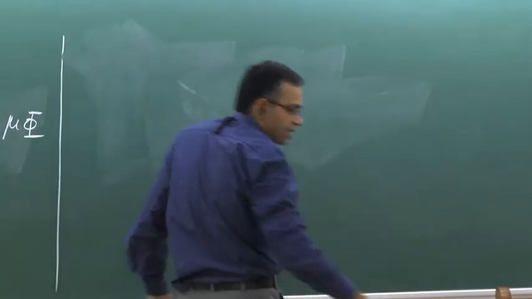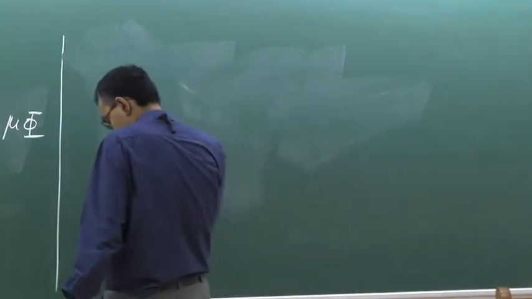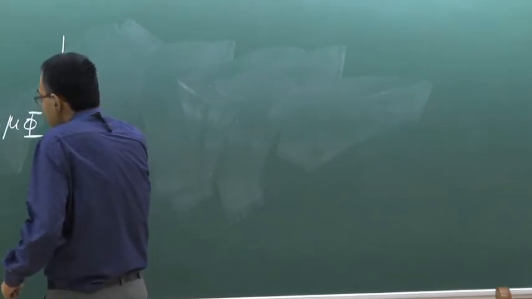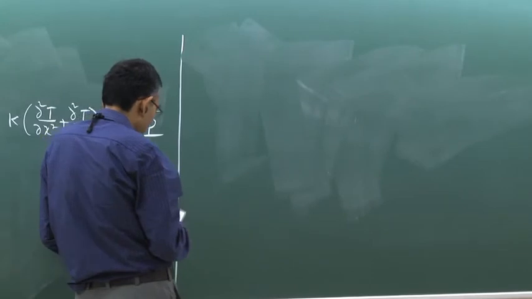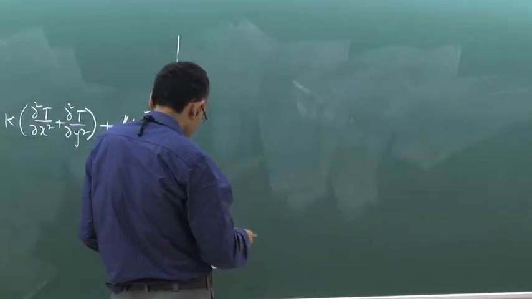So this phi is the viscous dissipation function, which, let me write the expression of in the index notation. This we had derived earlier, but let me just write it.